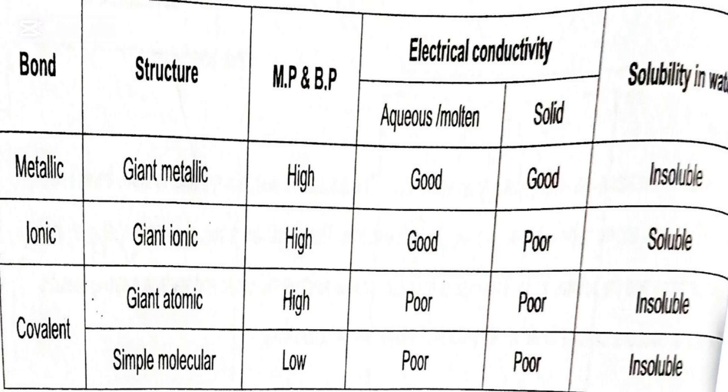Then we have the simple molecular structures which have low melting and boiling points. Their electrical conductivity is poor both in aqueous or molten and solid states. And then the structures are insoluble in water generally, but there are some which are soluble in water. Remember, we said so.